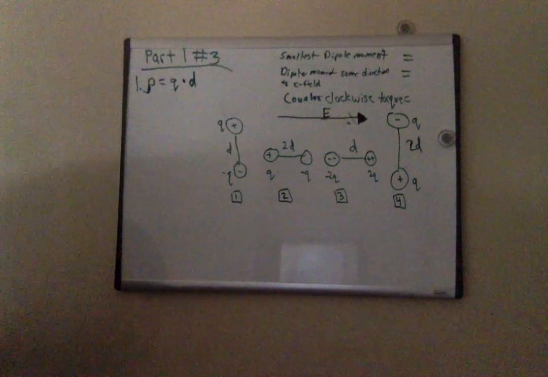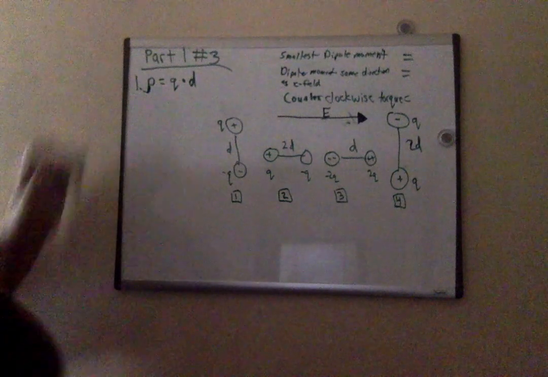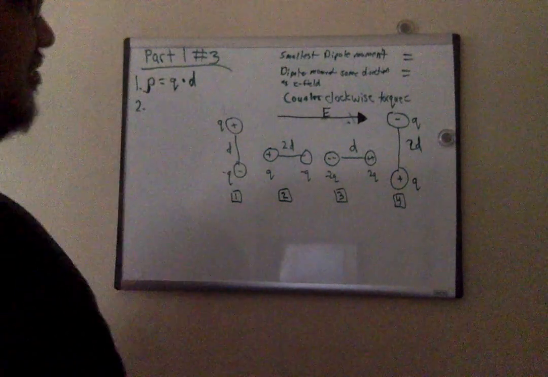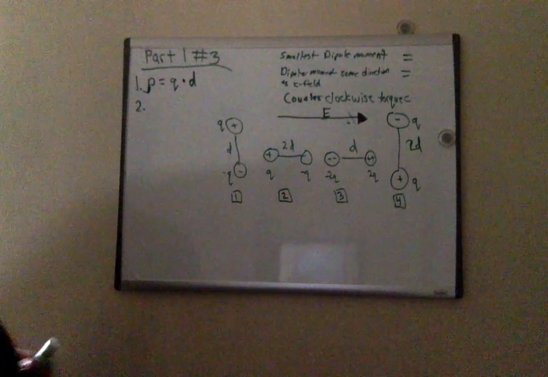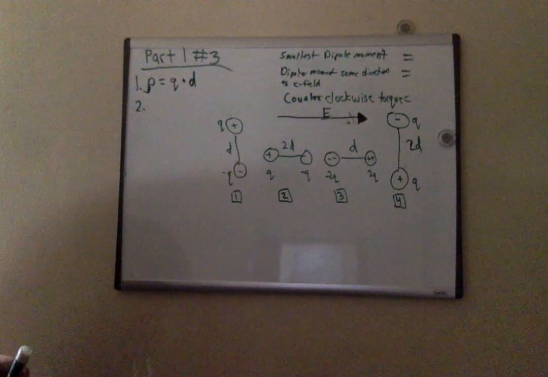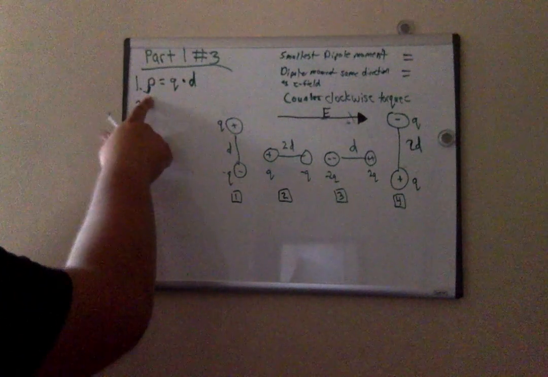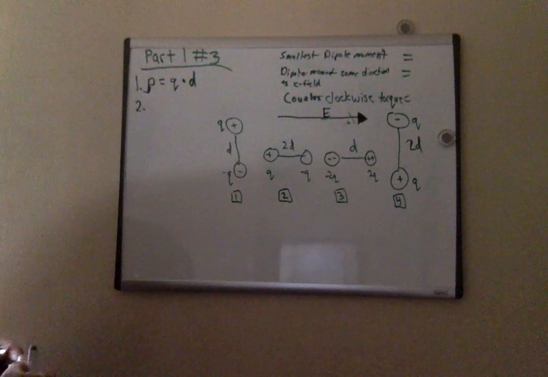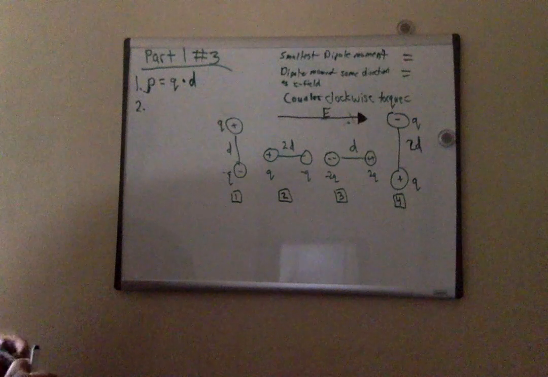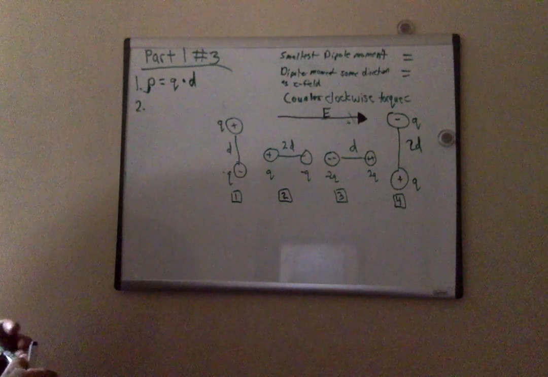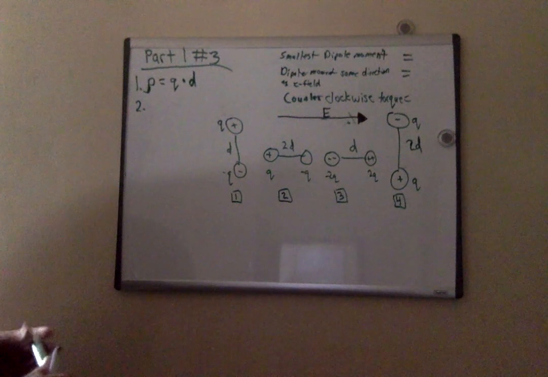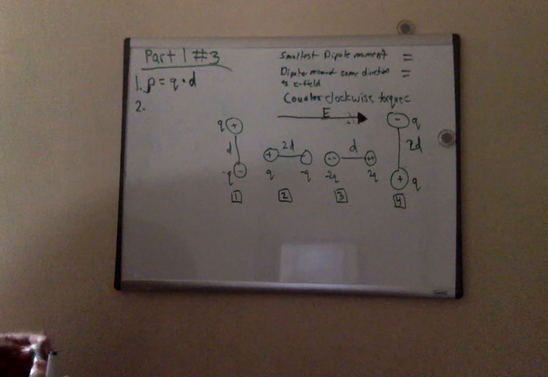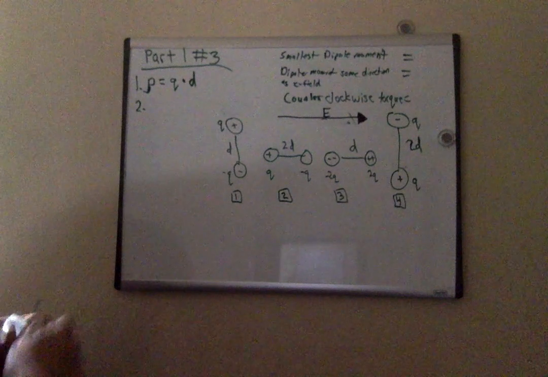The dipole moment is the same direction as the E field. So this might be really confusing, because the direction of the dipole, the way that it points, is towards the positive charge. The reason I say it's confusing is that in chemistry, whenever we draw dipole moments, we always point the net dipole towards the negative charge, where the electrons are.